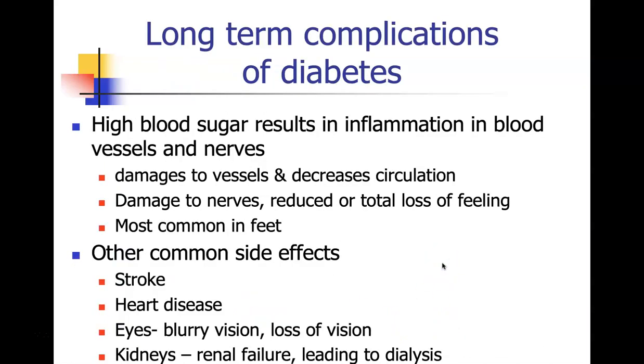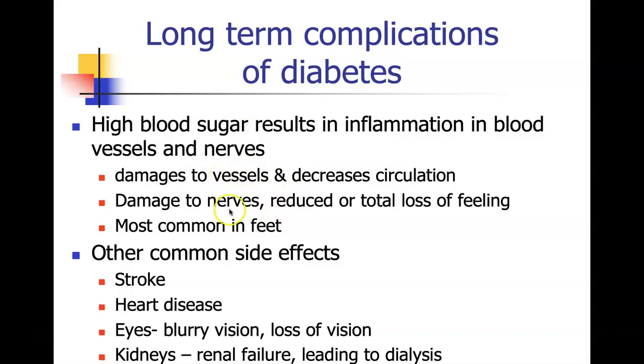Okay. So we're seeing more and more folks that have diabetes, particularly long term. And the immediate issue with diabetes is not the concern. The concern is from long-term complications. So if you have continual high uncontrolled blood sugar, that's going to result in inflammation in blood vessels and nerves, and so you get damage to vessels and decreased circulation.